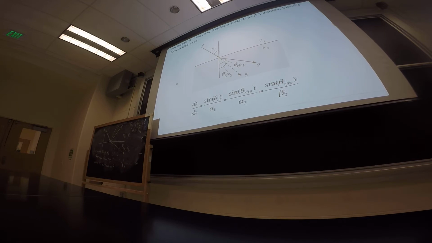Exactly. See, the shear wave velocity is always slower than the P velocity. So if we have a situation where the shear velocity in the lower medium is equal to the P velocity in the upper medium, then the P velocity in the lower medium must be much larger than the shear velocity and the P velocity in the upper medium.